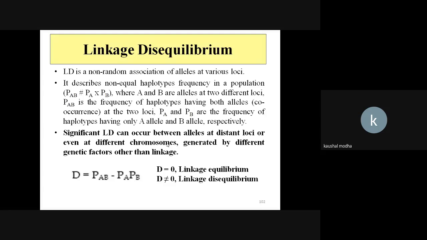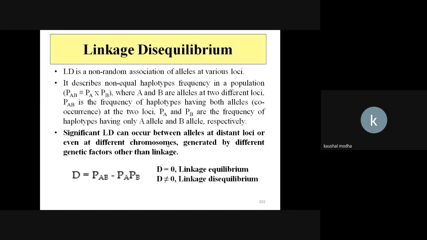Then LD will also be higher, because if two loci are linked, they are always going to be associated together from generation to generation. So the higher the linkage between two loci, the higher the LD between these two loci. But when there is linkage disequilibrium, when these two alleles or loci are associated with each other, it doesn't mean that they are linked, but still they are associated. That's the difference between linkage and linkage disequilibrium.